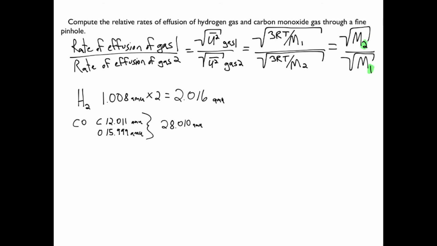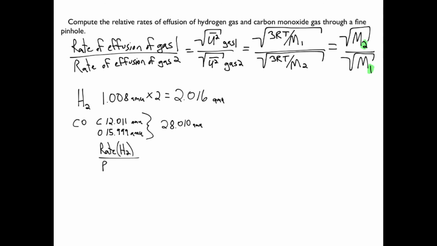And so we have to call one of them gas 1 and one of them gas 2. Let's suppose our first gas here is gas 1, so hydrogen will be gas 1 in this case, carbon monoxide will be gas 2, and then let's see what we get.